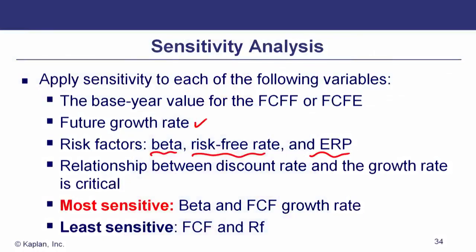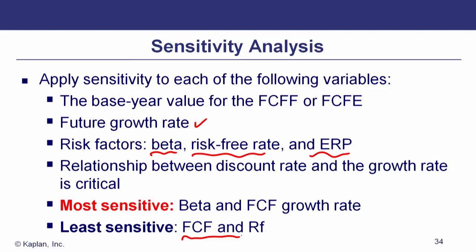We know that the growth rate and discount rate are very critical. Even if you change them a little bit, it will change the valuation significantly. The least sensitive components are free cash flow and risk-free rate. Well, the risk-free rate obviously will change the discount rate, but they are least sensitive on an empirical basis because there is a lot more certainty in estimating the risk-free rate.